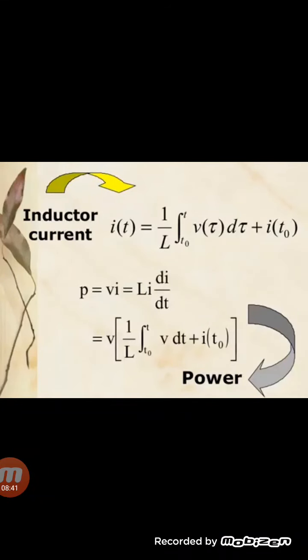Now, what is the inductor current? i(t) is equal to 1 over L, integral from t naught to t. t naught means from the start, and t is any time t, of v(tau) d tau plus i(t naught), right? This is the inductor current.